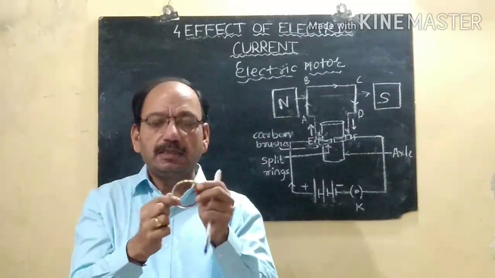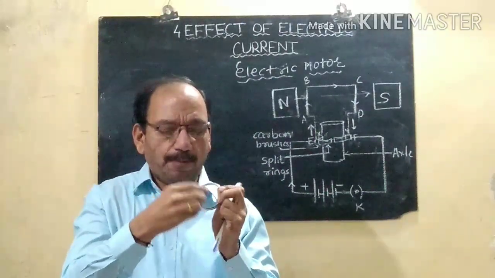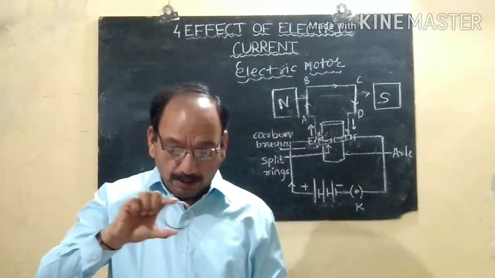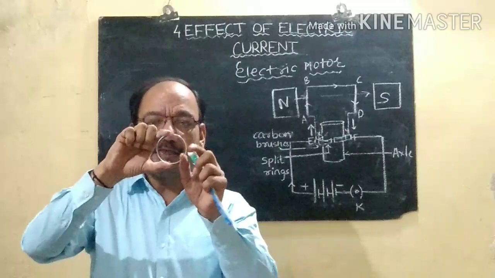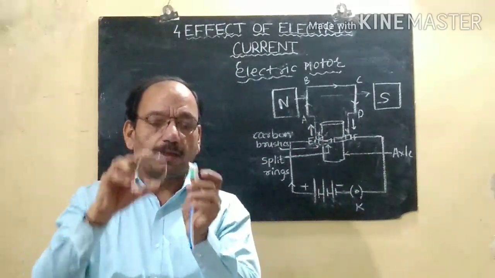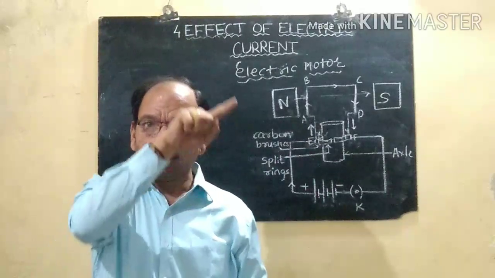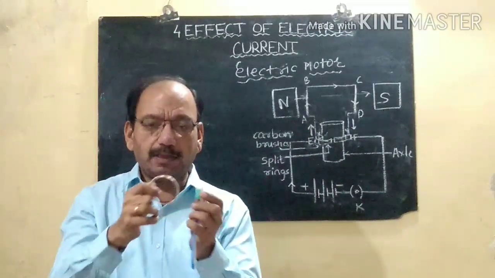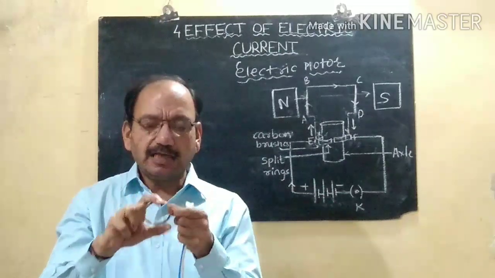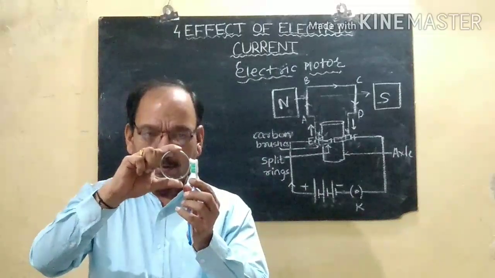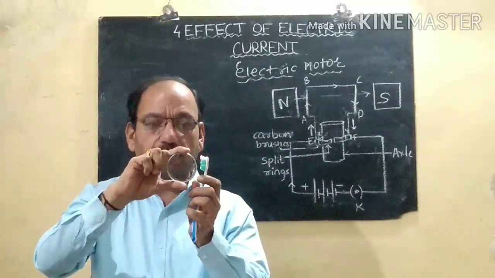Suppose this part is X and this part is Y. The positive terminal of the battery is connected to this carbon brush, and this carbon brush touches the split ring part X.